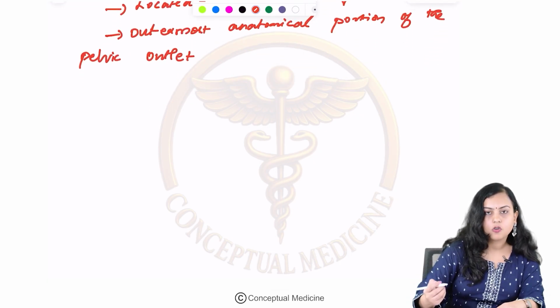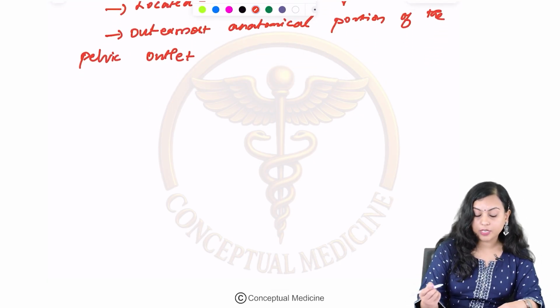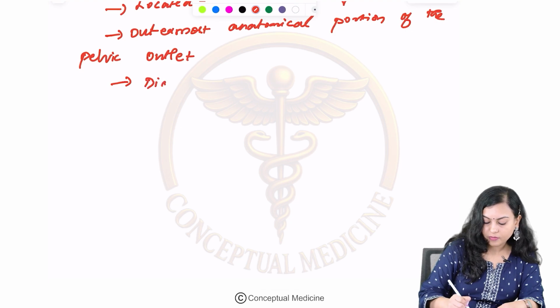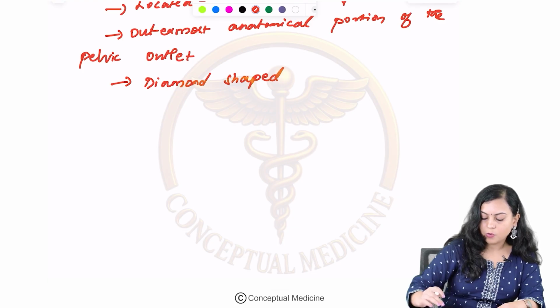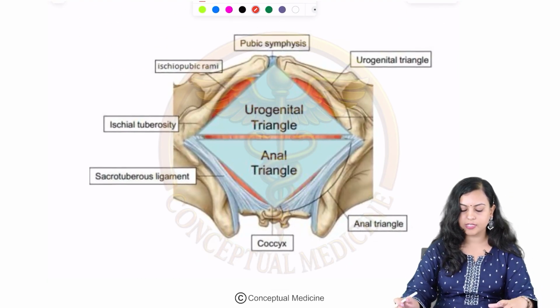Okay. So, perineum is basically a diamond shaped area. So, I'll show you the pic. So, this region is perineum.